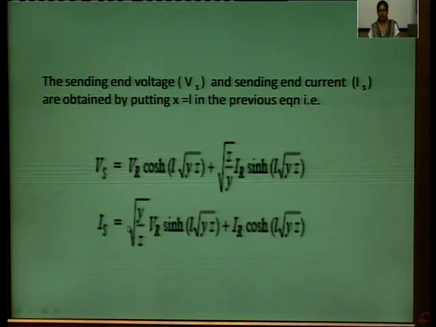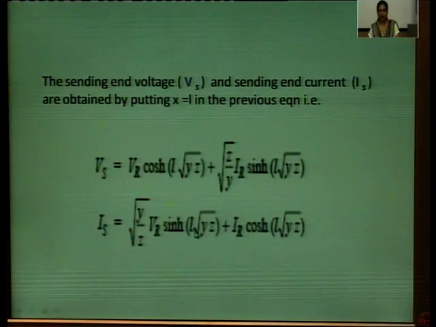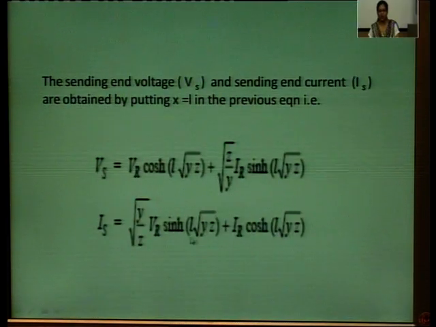Similarly, Is is equal to root of y by z into VR into sinh of L root of yz plus IR into cosh of L root of yz.